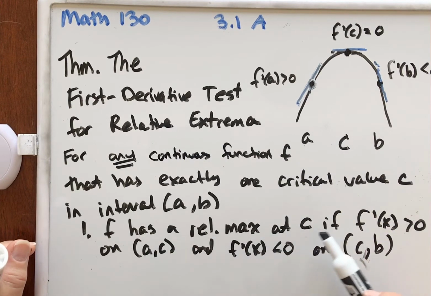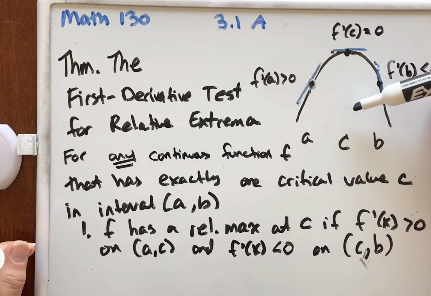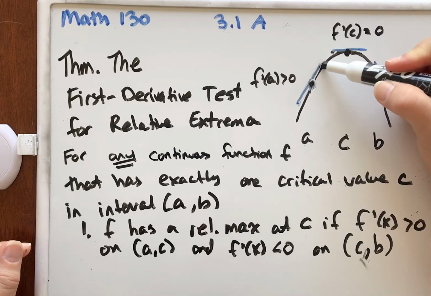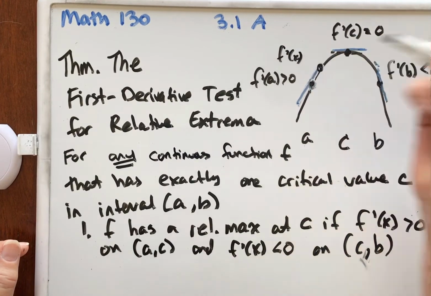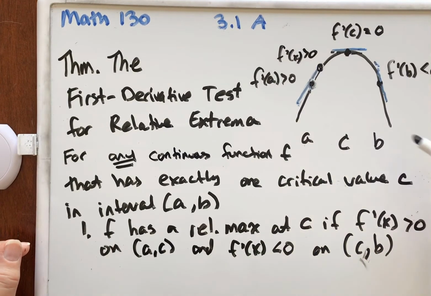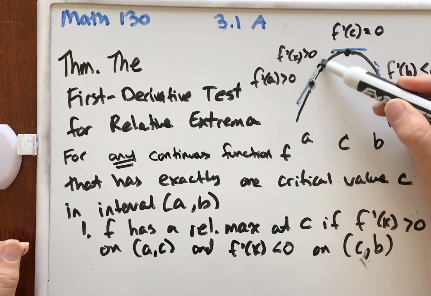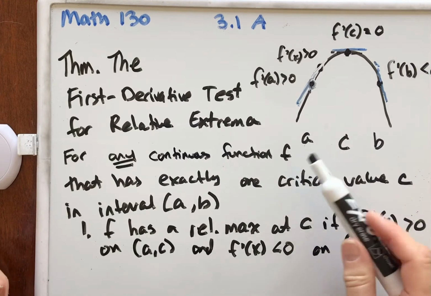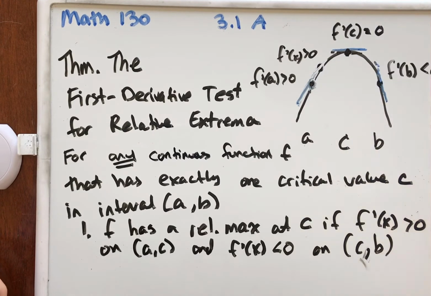So you can think of f prime of x, we know is greater than 0, right? Because we stated it right here. Okay, so any point x between A and C, if f prime of x is greater than 0, then f has a relative max at C.